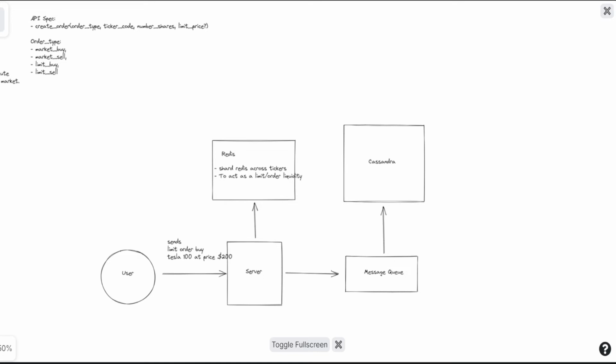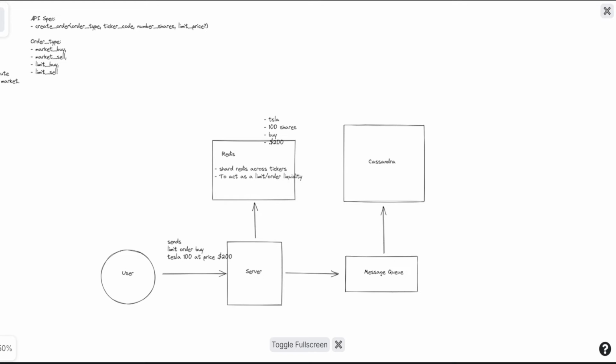What we have here is a sorted set, similar to the way they do game scoring, like leaderboards. We can use this data structure so that inside the sorted set it's Tesla, then 100 shares, buy at the price 200.